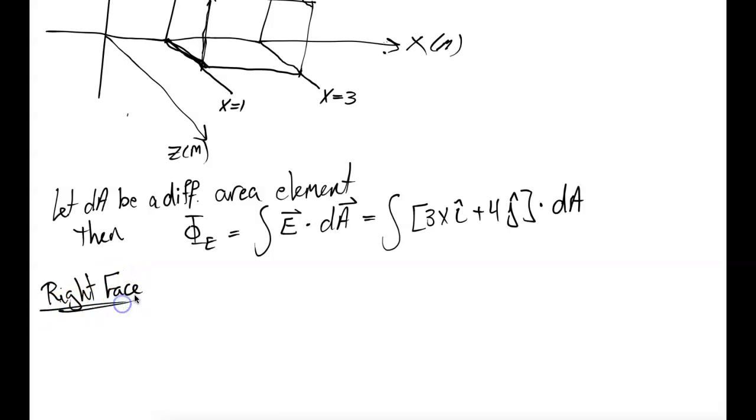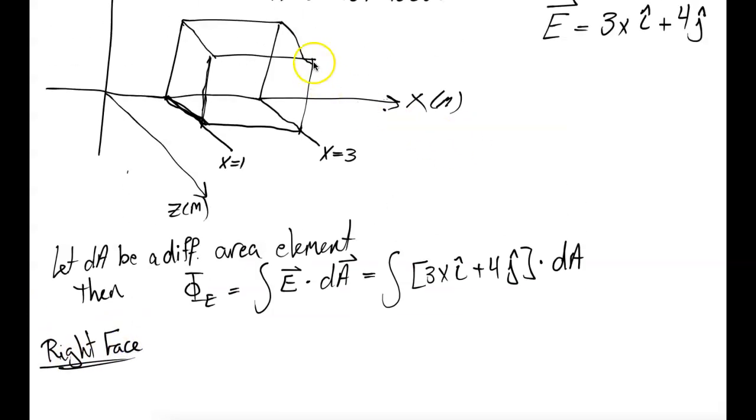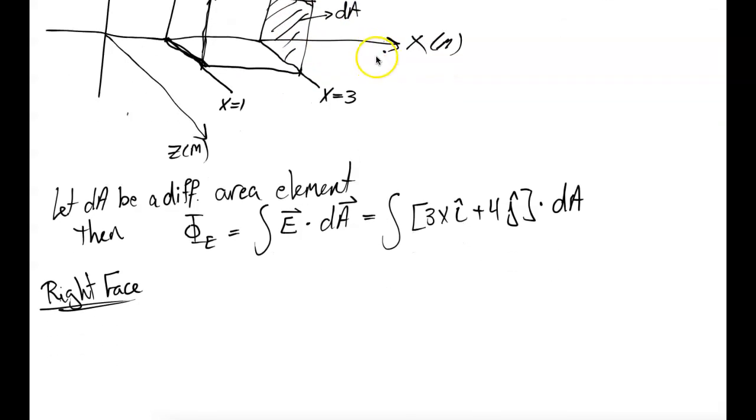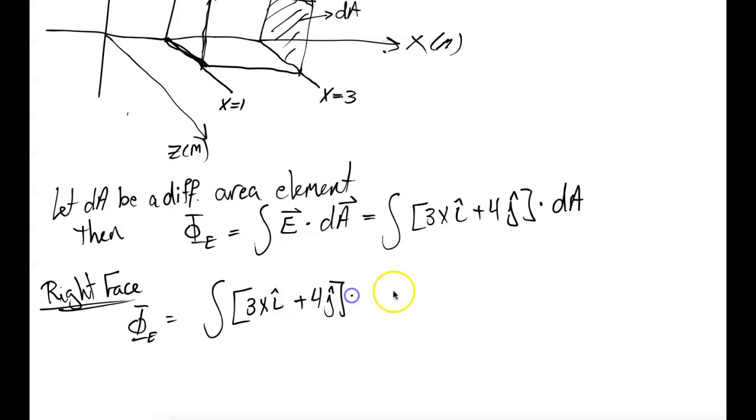For the right face, which is this shaded part here, the dA is going to be in the positive x direction, so it's dA i hat. So phi sub E is going to equal the integral of 3x i hat plus 4 j hat dotted with dA i hat.